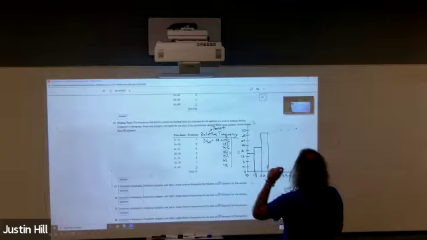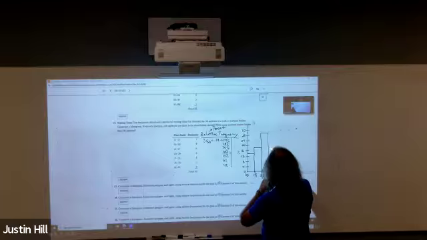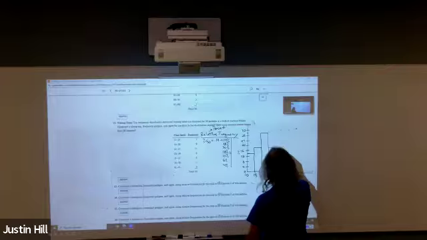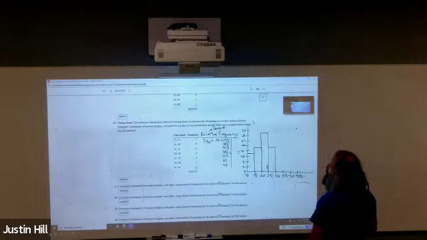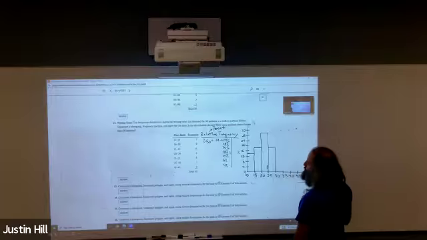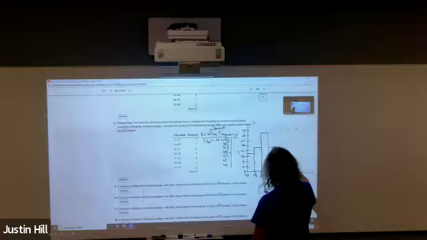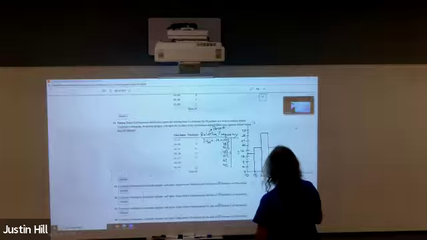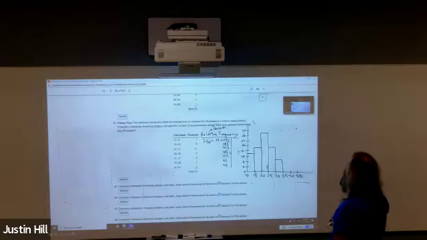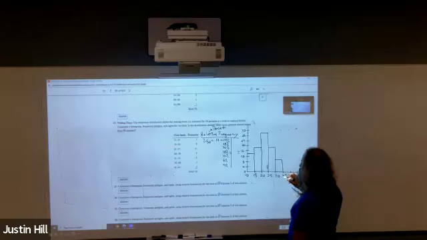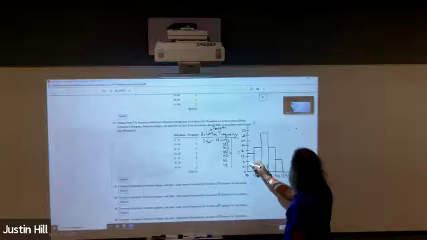And then 26 through 30 is back down to 18%. And then 31 through 35 is back down at 10%, like that. 36 through 40 is at 6%, halfway between 4 and 8.